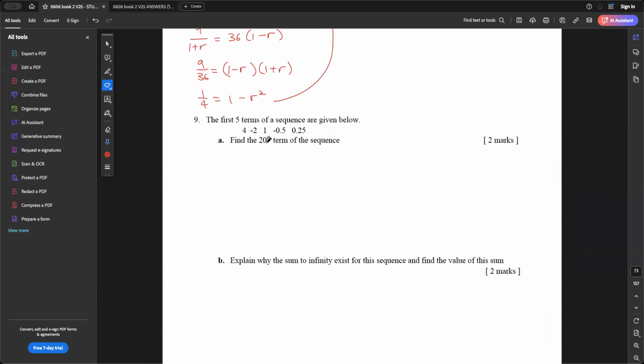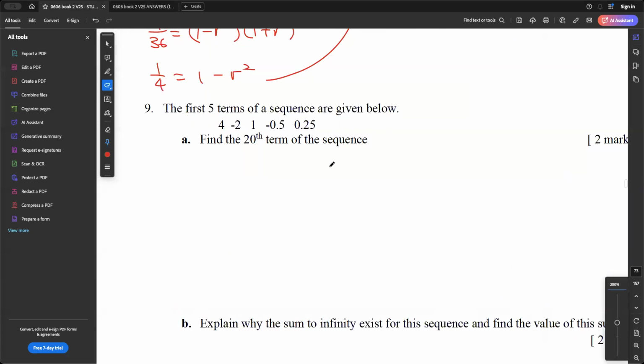Find the 20th term. What sequence is this? Okay, A is equals to. What term is A equals? What number is A? 4. What about R? -1/2. Find the 20th term of this sequence. Just follow formula.